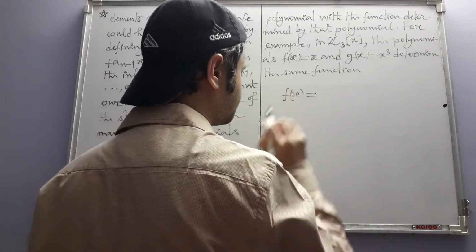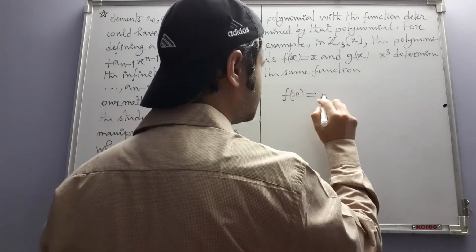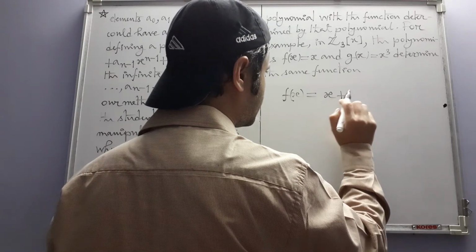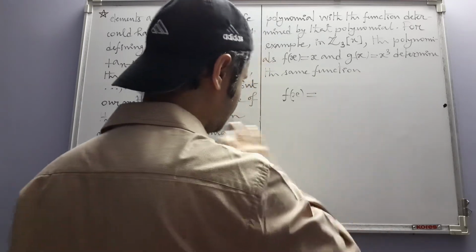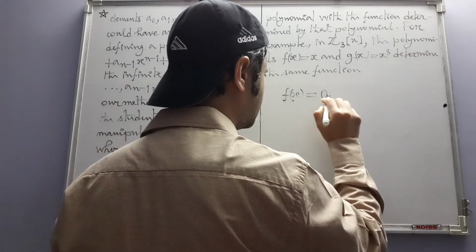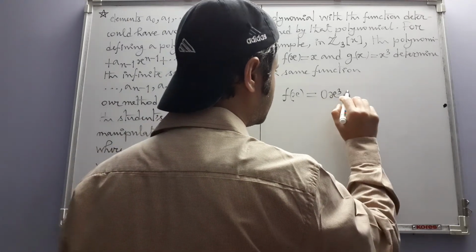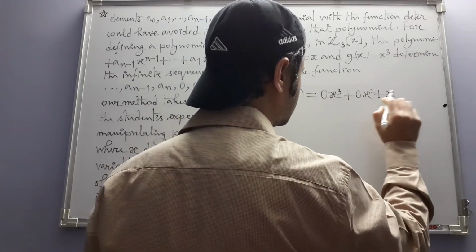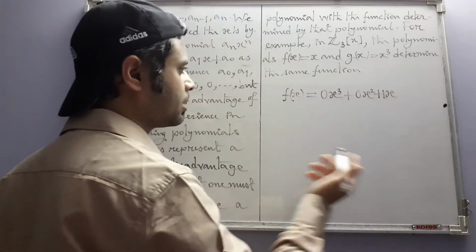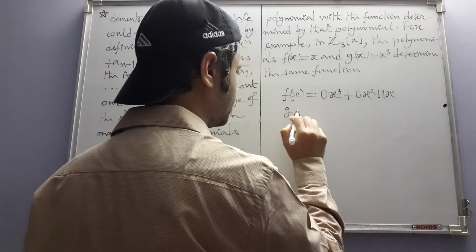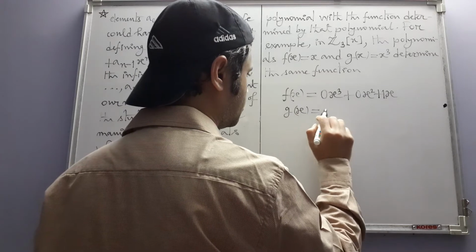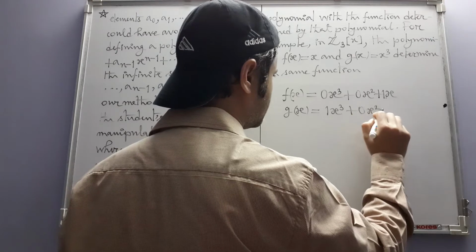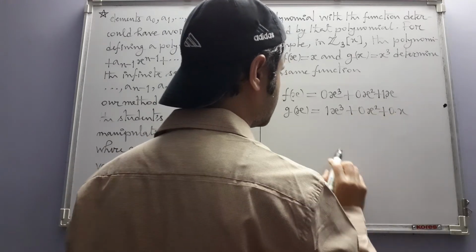Because you can write f(x) like this: 0x cube plus 0x square plus x, which means 1x, whereas g(x) is 1x cube plus 0x square plus 0x.